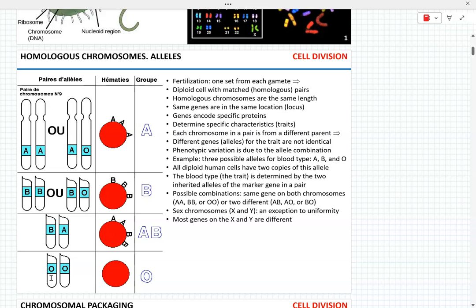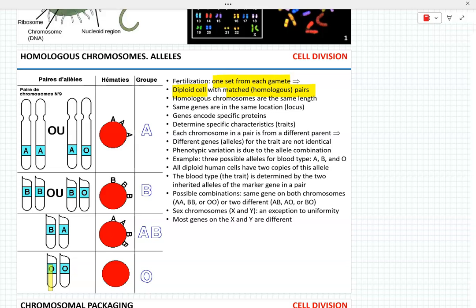During fertilization, when spermatozoa fuse with secondary oocyte, the resulting cell, the zygote, receives one set of chromosomes from each gamete. In other words, a zygote becomes a diploid cell with 23 homologous pairs.